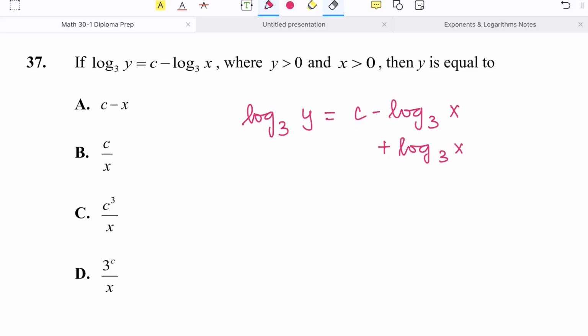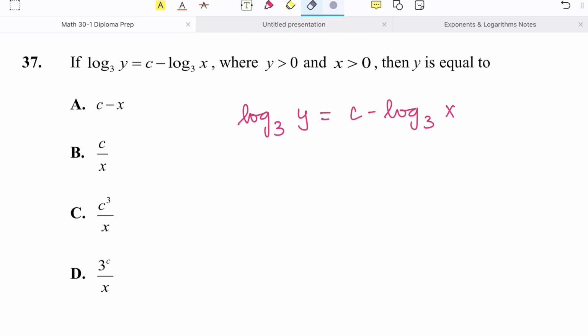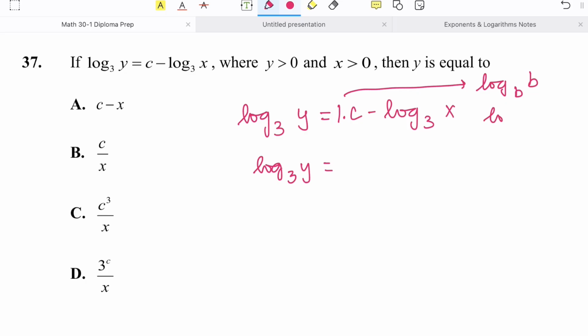But we need to isolate our y, right? So what we'll have to do in this case is log base 3 of y. Now 1 times c. Remember, if you have 1, you can have log base b of b, right? In this case, it'll be beneficial for us to have log 3 base 3.